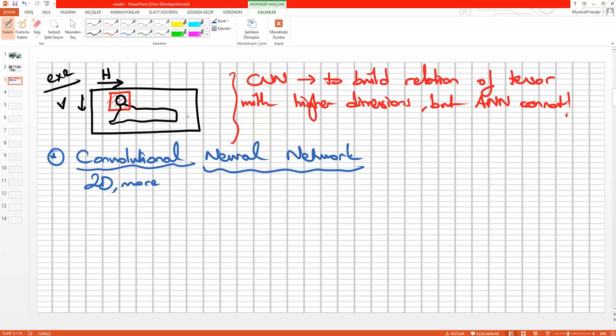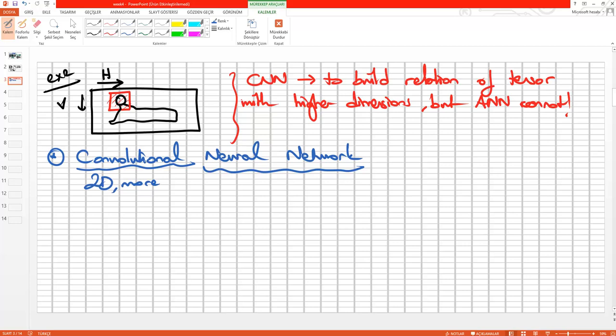Or we can build a 1D, one-dimensional convolutional neural network with specific filters in order to build your model to represent more data than the previous or original input. Okay? This is the definition of the convolutional neural network.